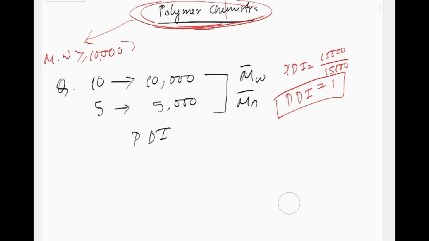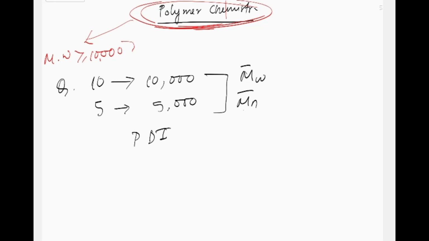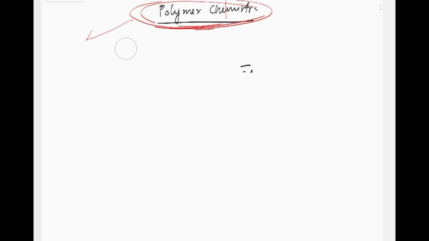Very nice. Now let us find out a genuine problem. We will be doing a problem related to this molecular weight calculation in the next video. We will be solving it, but this is all for today.